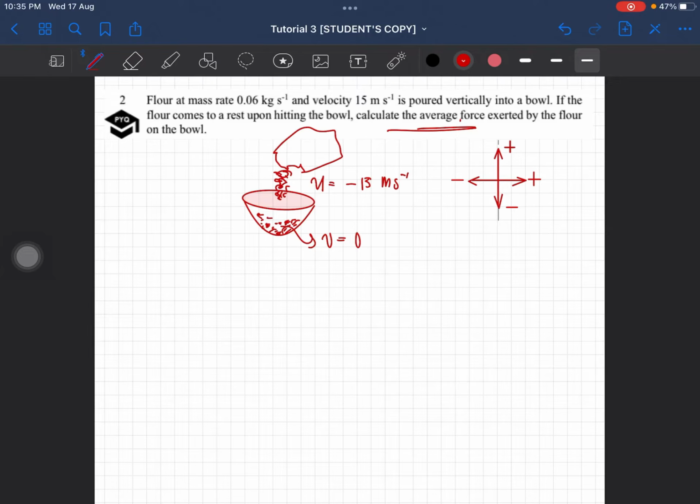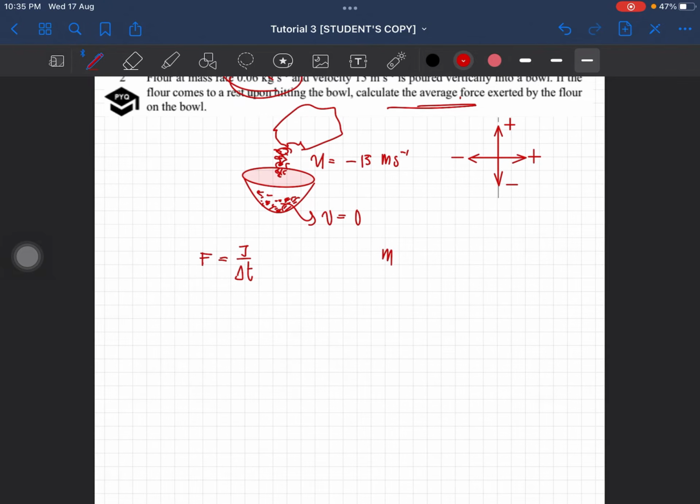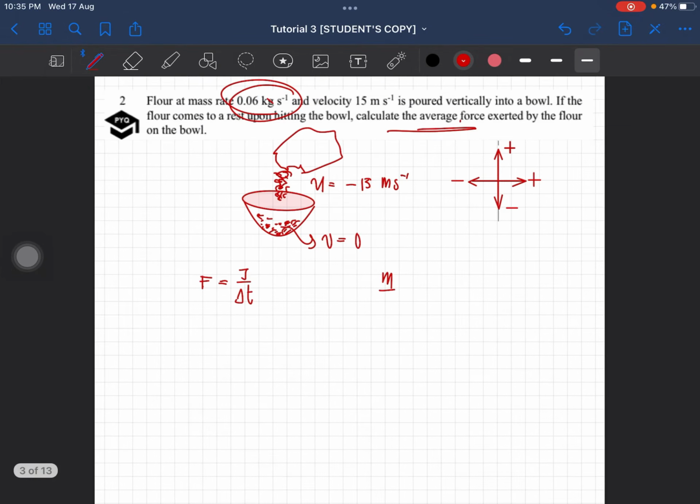Okay, so now the average force, remember we have a relationship of force with impulse, which is J divided by delta T. Okay, so now the flour at a mass rate is given, so that is mass over time, which is equal to 0.06 kilogram per second.